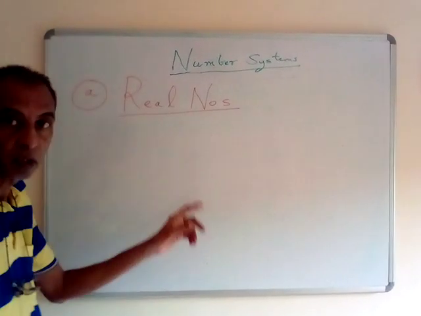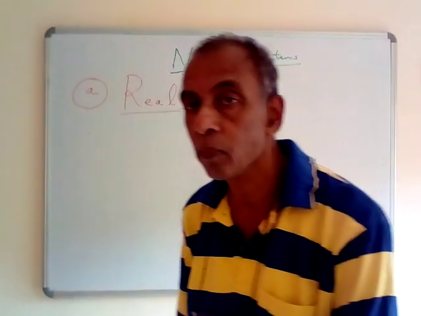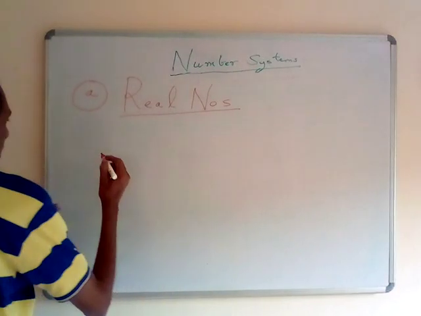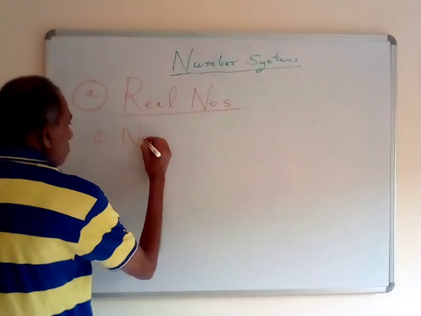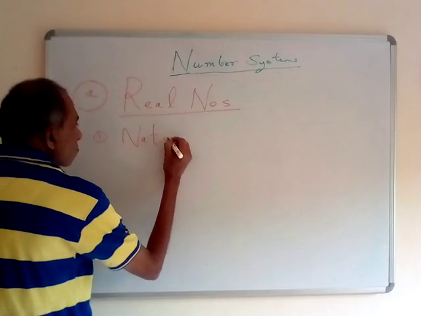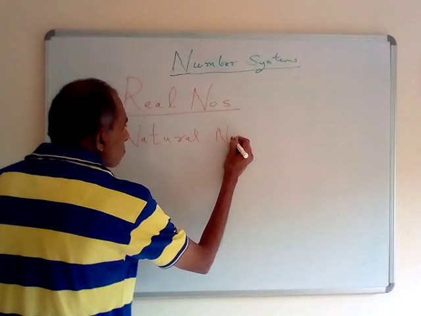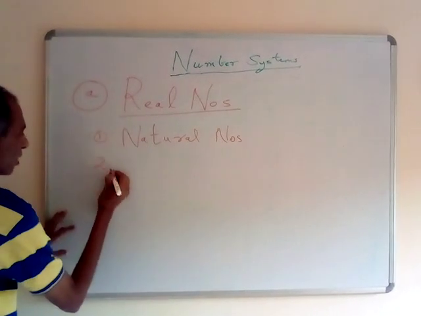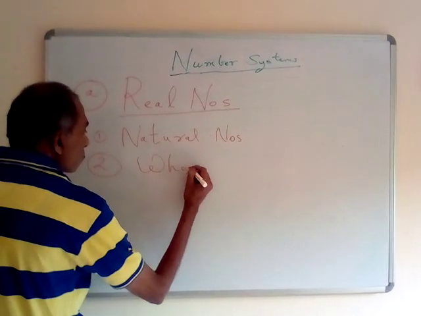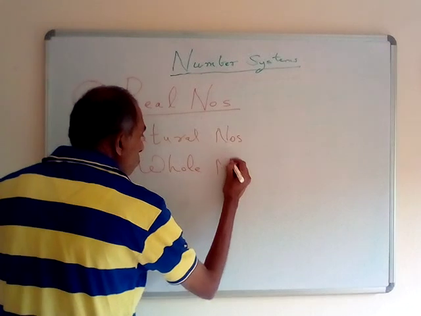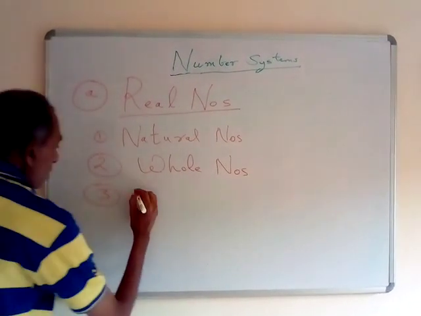Now what all is included under real numbers? What all makes up real numbers? We have seen earlier also, first is natural numbers. Second, whole numbers. Third, integers.